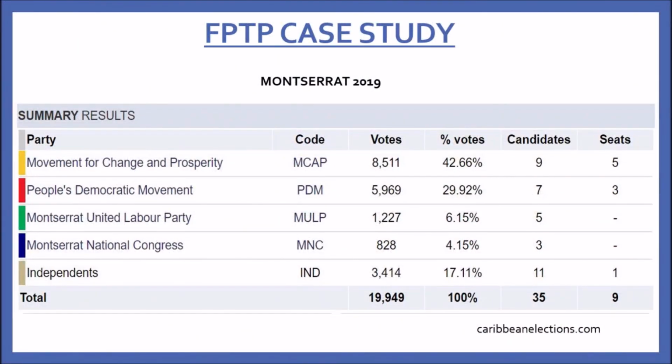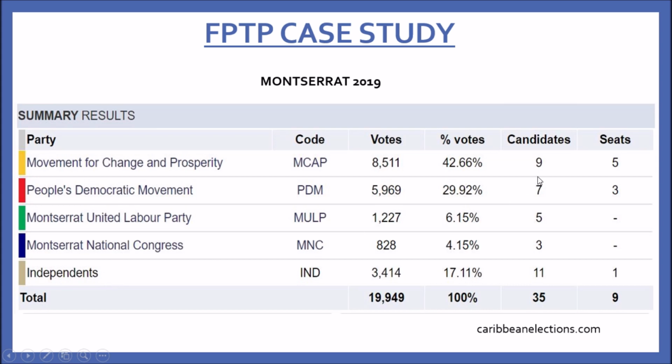Let us now turn our attention to a case study, and this is Montserrat election results 2019. We see here where there were 4 political parties contesting the election: the Movement for Change and Prosperity, MCAP, the People's Democratic Movement, the PDM, the Montserrat United Labour Party, the MULP, and the Montserrat National Congress, MNC. And we also have a set of independents here.